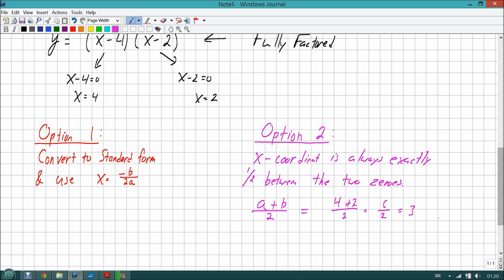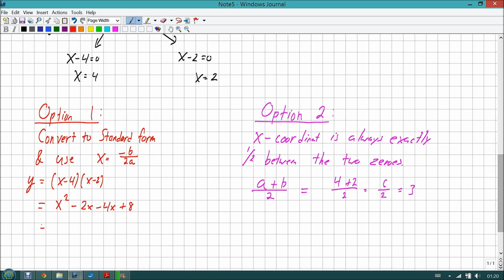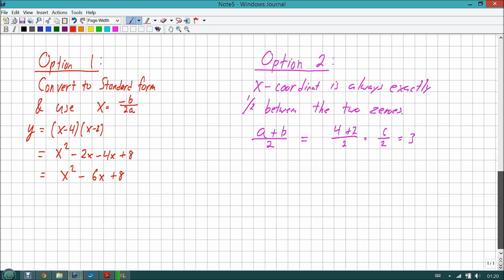Now, double checking and using the standard form, or option 1, I would take my equation, y is equal to x minus 4 times x minus 2, and then I would FOIL and get x squared minus 2x minus 4x plus 8, which would get me x squared minus 6x plus 8.